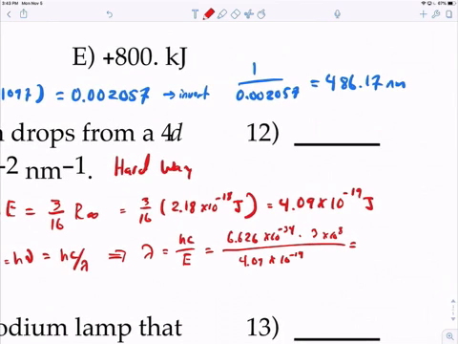So 6.626 times 10 to the minus 34 times 3 times 10 to the 8 divided by the answer. And we get 4.863 times 10 to the minus 7, which equals 486.3 nanometers.